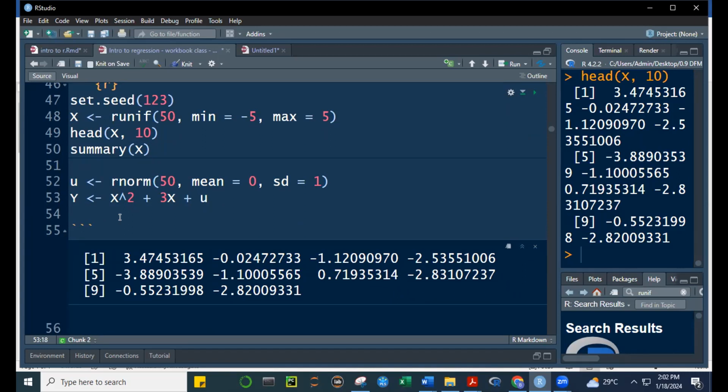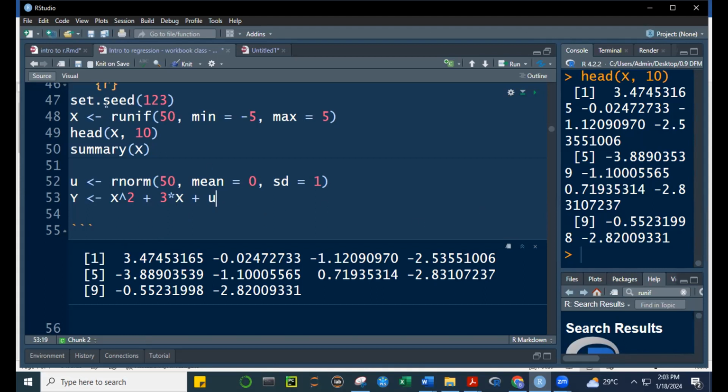Okay, take a look at that, class. So we're creating an object called, sorry, 3 times x. Okay. All right. So x squared plus 3x plus u. Yung u natin, yung random numbers, no? Okay.